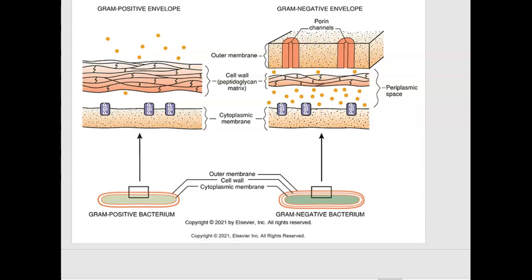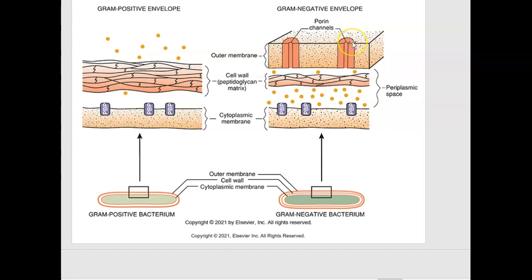The gram-negative cell envelope has three layers. Okay, we have the cytoplasmic membrane, a relatively thin cell wall, but they have an additional outer membrane. So like the gram-positive cell wall, the gram-negative cell wall can easily be penetrated by penicillins. However, the outer membrane is difficult to penetrate.